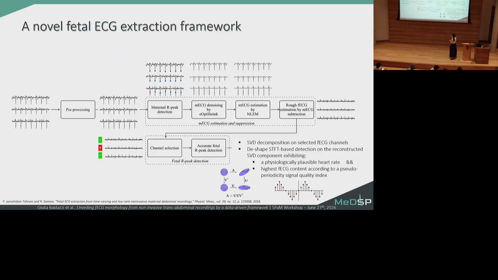For sure, the pseudo-periodicity is not the only one that can be used, but just to make it more robust, we also implemented some alternative metrics. For example, besides the pseudo-periodicity, looking also at the physiological plausibility of the heart rate and how much it is different from the maternal heart rate that we already detected. I don't know if... No, yeah, that's great, thanks.